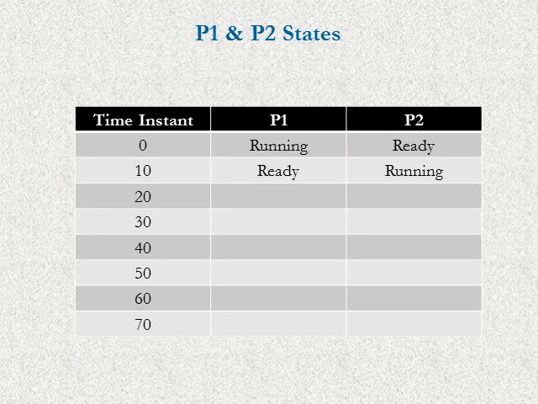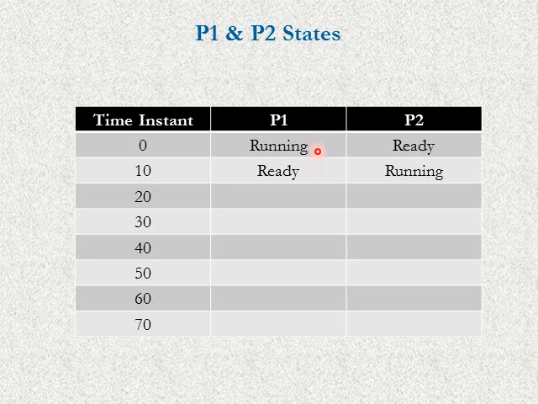Moving on, from time interval 10 to 19, we have P2 in the running state while P1 is in the ready state. So you should expect that precisely just before 10, we would have an interrupt to change the state of both processes.